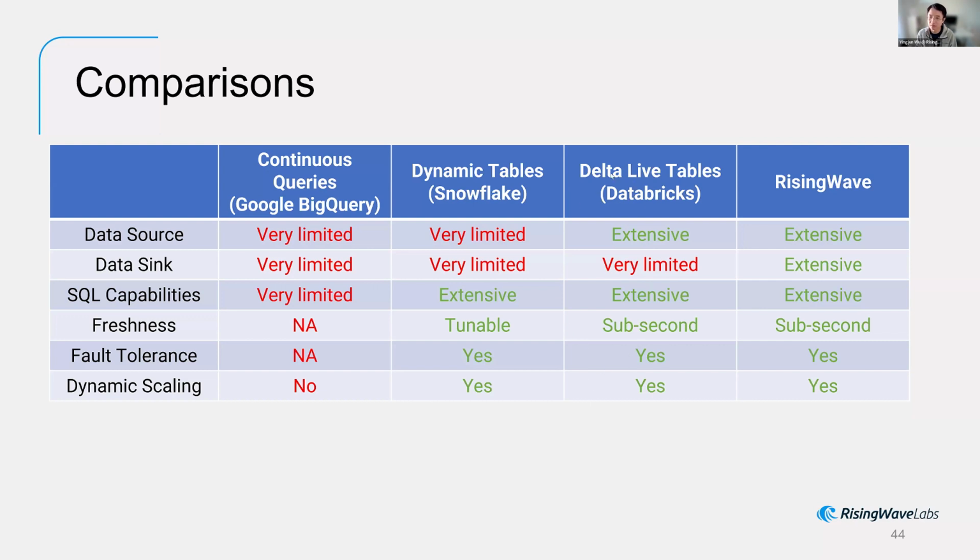It could be way more expensive. Probably not way more, but it's definitely more expensive than Spark streaming. So that's something you have to be very cautious about. And I just mentioned for Delta Live and for the dynamic table as well, similarly, it could be more expensive. And for the continuous queries, they haven't really mentioned the pricing yet.